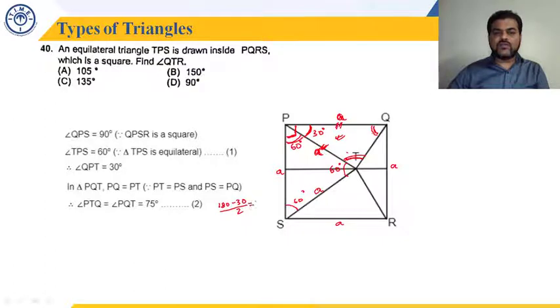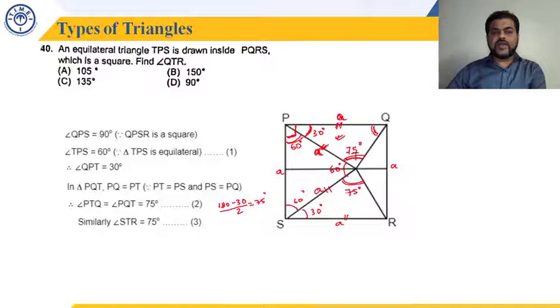So that will give you 75 degrees. In exact similar way, we can show that these two sides are also equal and this is 30 degree. So by symmetry, in a similar manner, this angle is also 75 degrees.